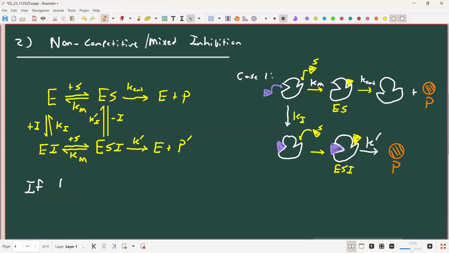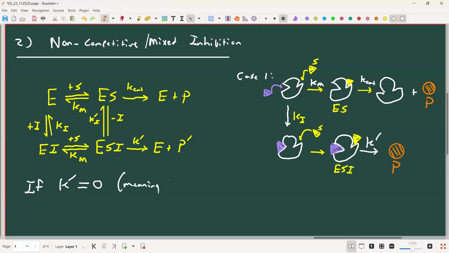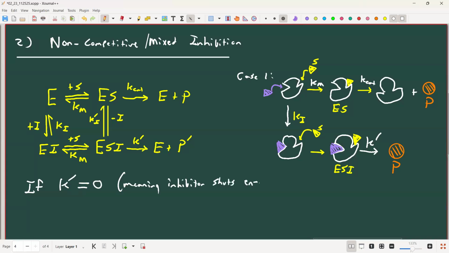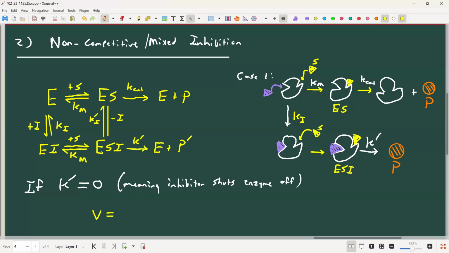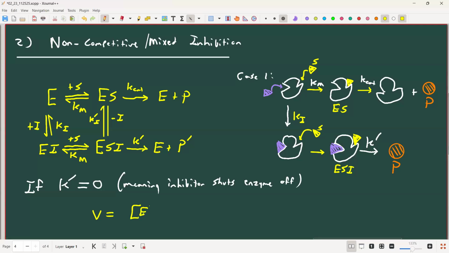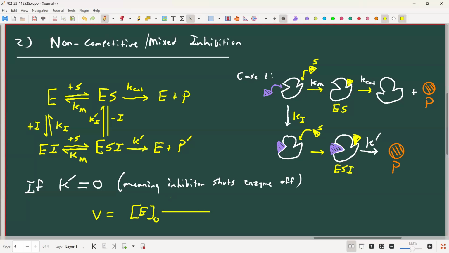If K prime is equal to 0, meaning the inhibitor turns off the protein, shuts the enzyme off, you can show that the velocity of this reaction is equal to, if I write this, the concentration of the enzyme times, I need my quotient here, the concentration of the substrate, just like before.